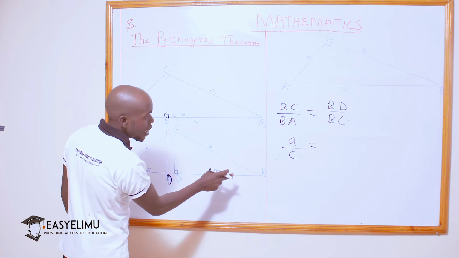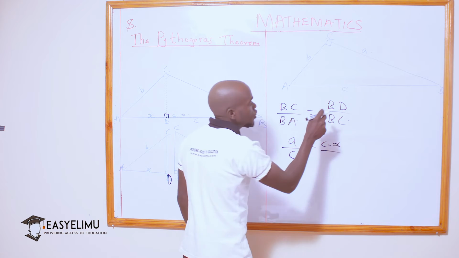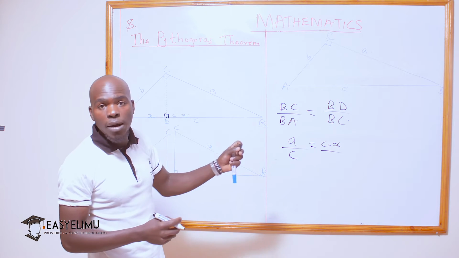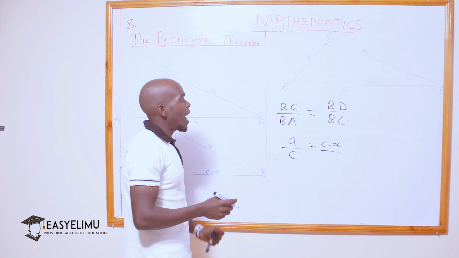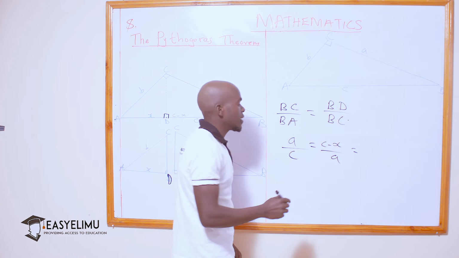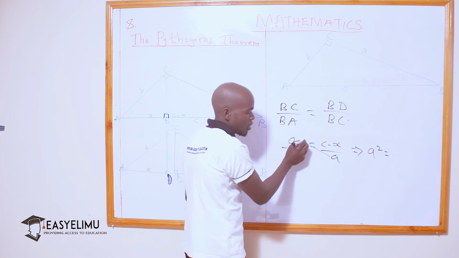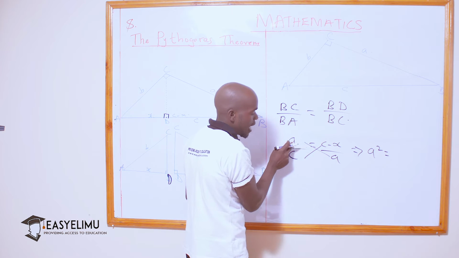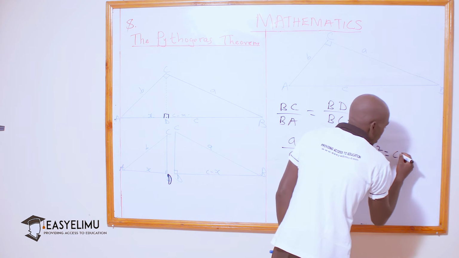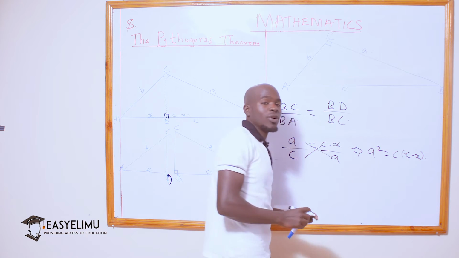I will have BD as C minus X, and BC, as you can see from triangle ABC, is A. So if I cross multiply, I get A squared is equal to C into C minus X. That's what I have there.